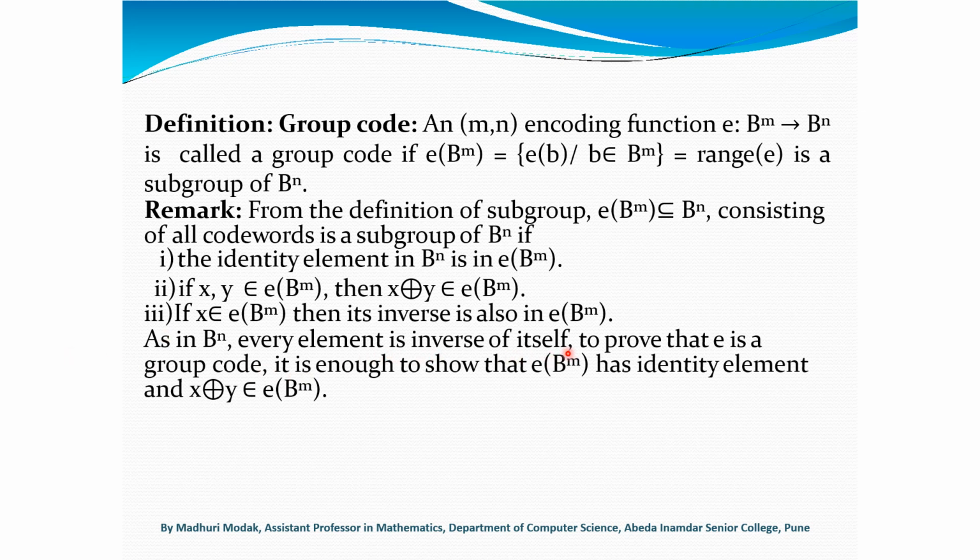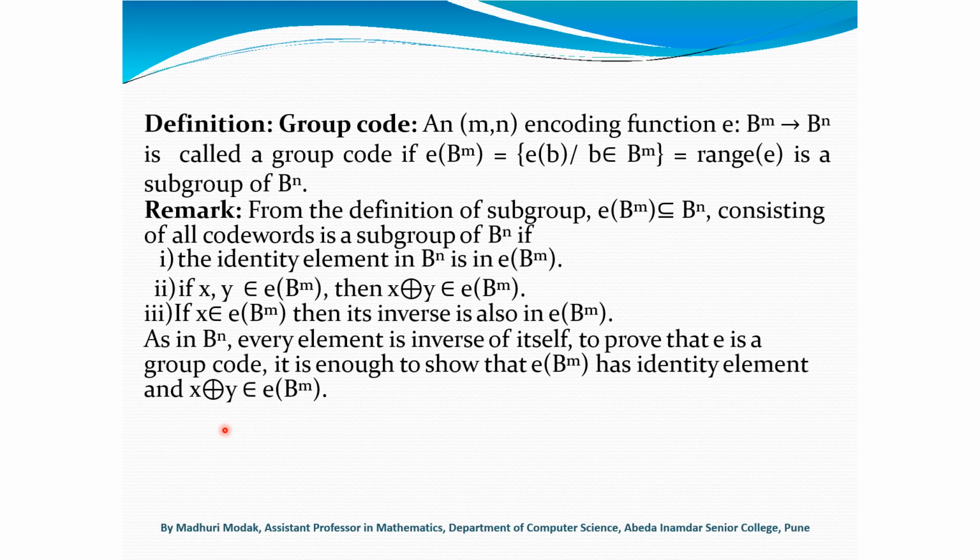Now, as in B^n every element is the inverse of itself, to prove that E is a group code, it is enough to show that E of B^m has the identity element and x ring sum y belongs to E of B^m. We are not checking the associative property because it already holds in B^n, so it holds in the subgroup also.